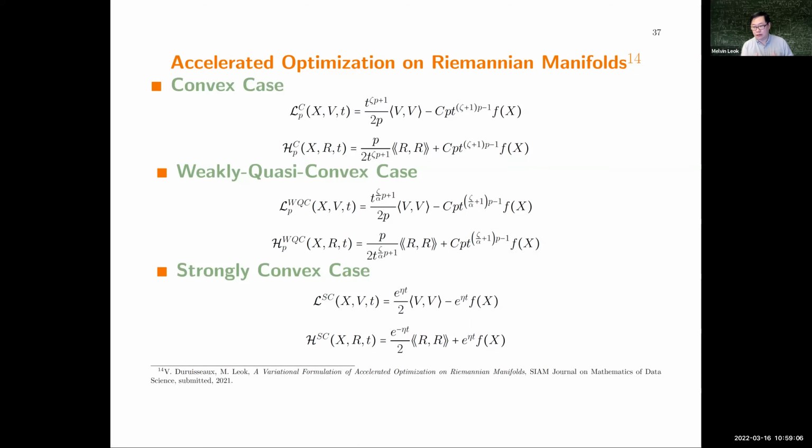More or less, the updates which you define on each chart are not compatible with the change of coordinates. If you have two overlapping charts, and you use the numerical method you've written down for one of them and change coordinates, that gives you a method for the other chart which is not compatible with what you had defined there. Then you end up with numerical methods which perform extremely poorly. So you need a discretization which is compatible with the change of coordinates.